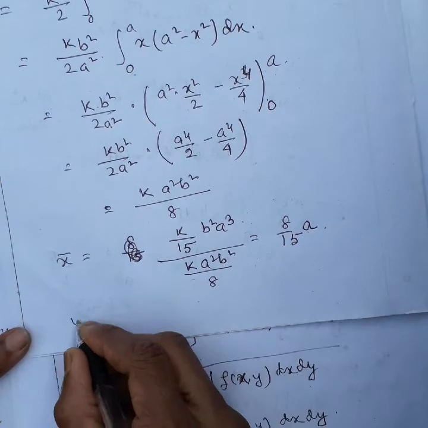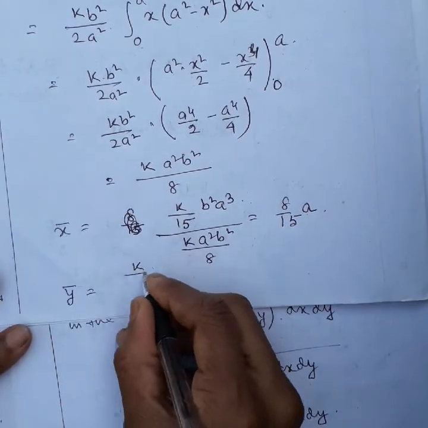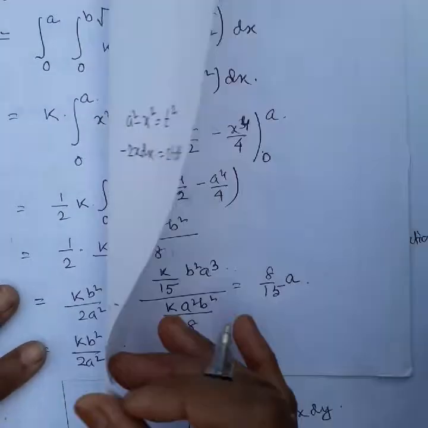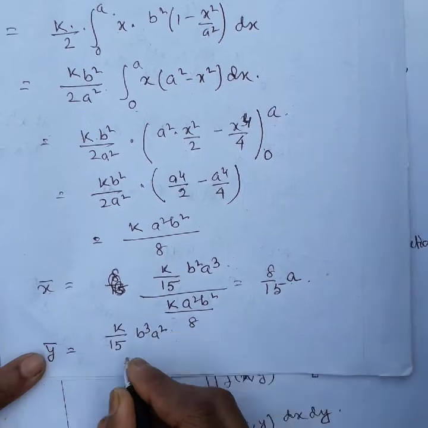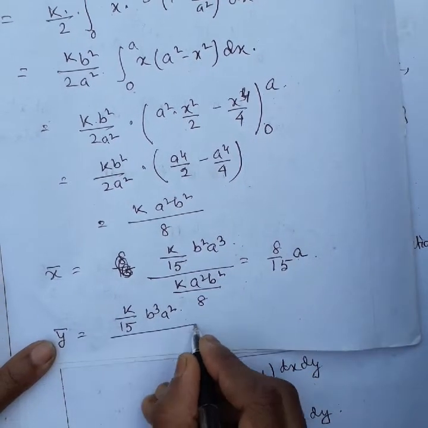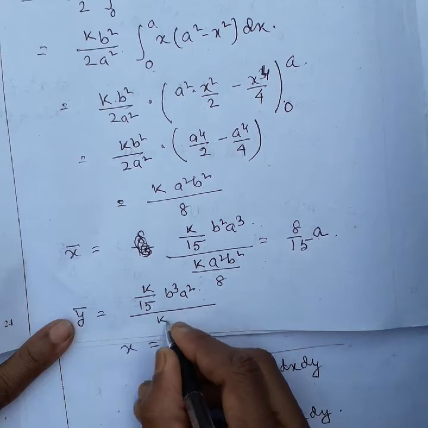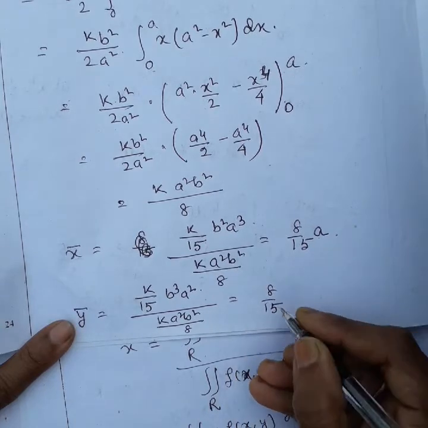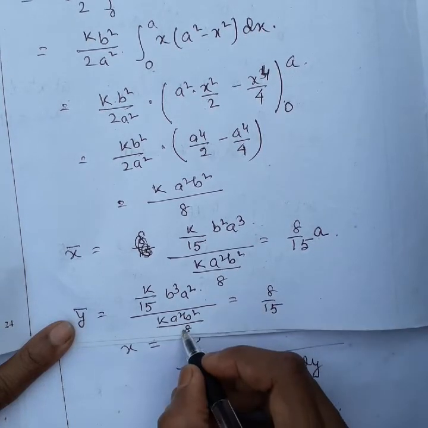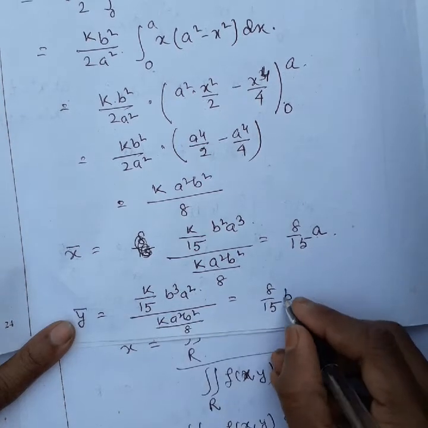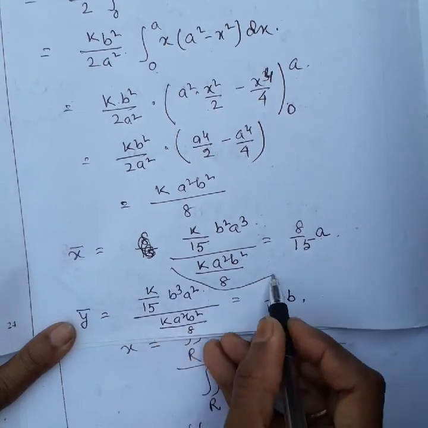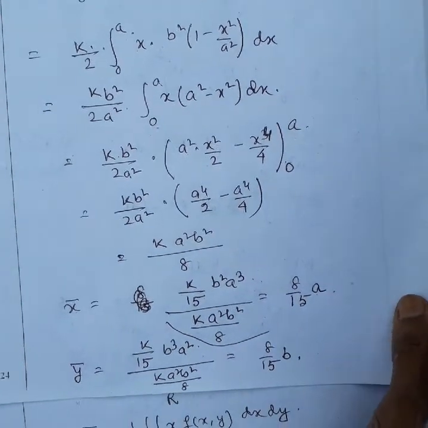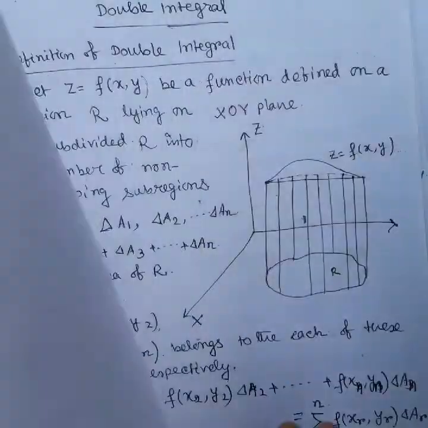Okay, and y bar is equals to k by 15 into b cube a square by k square b square by 8, that is 8 by 15 into b. Okay, so x bar is equals to this and y bar is equals to this.